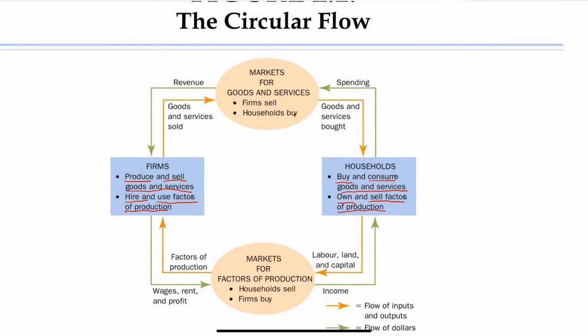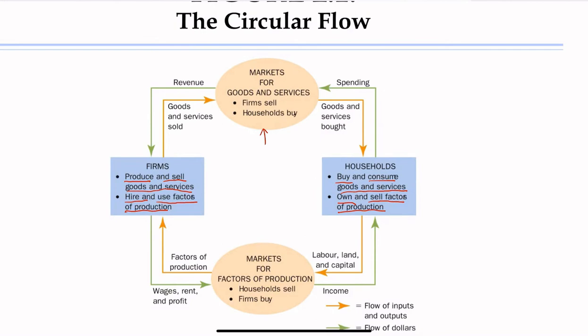Okay, let's look at these two markets. This one is the market for goods and services, that is the product market. In this market, firms sell goods and services and households buy goods and services.